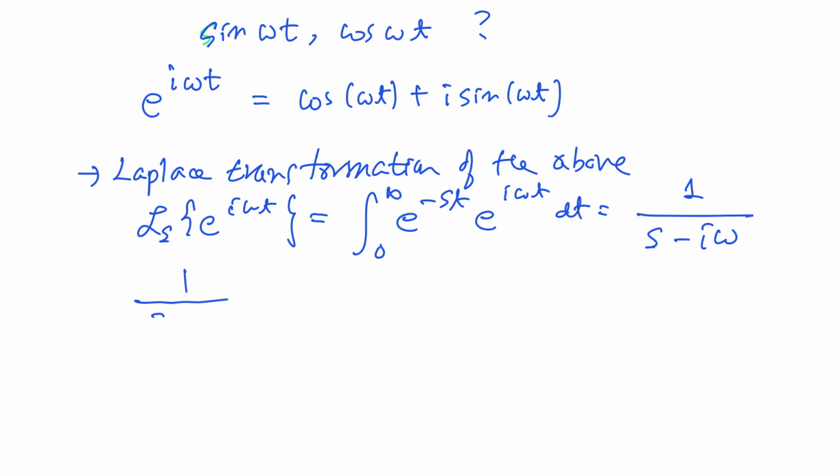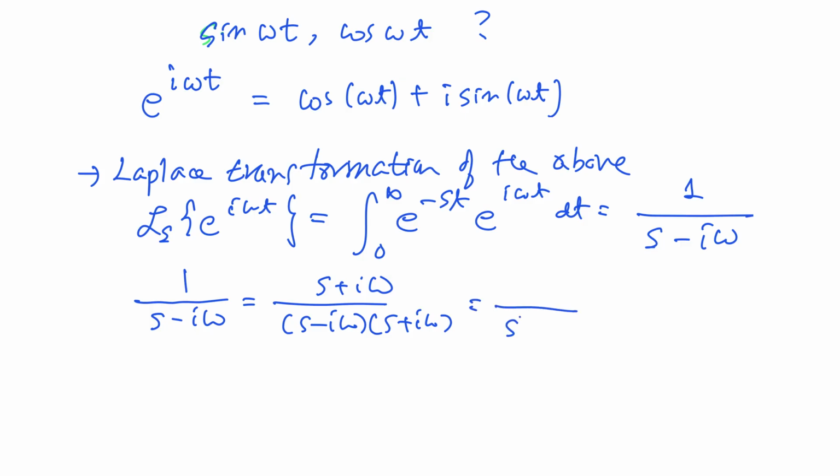So 1 over s minus i omega is s plus i omega over s squared plus omega squared, which is the same as the Laplace transformation of cosine omega t plus i times the Laplace transformation of sine omega t.